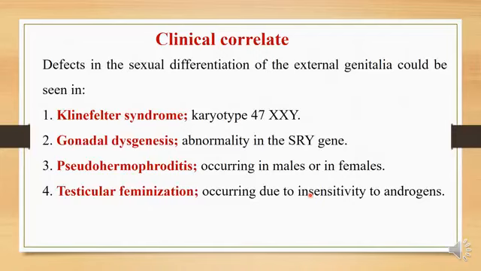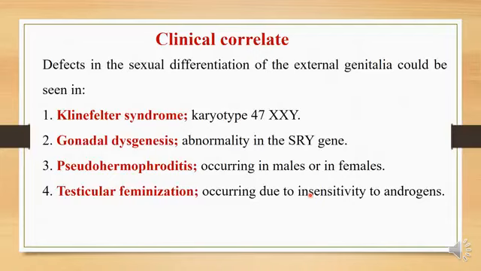Now the clinical correlates. A defect in the sexual differentiation of the external genitalia could be seen in, first, Klinefelter syndrome with karyotype 47 XXY or other variants, for example XXXY.